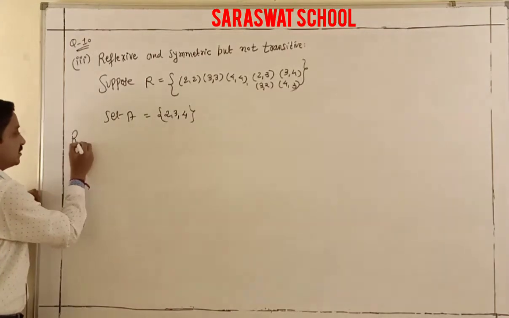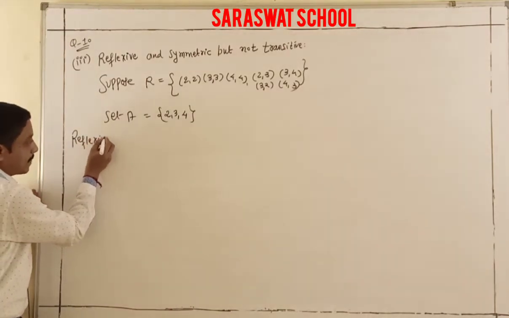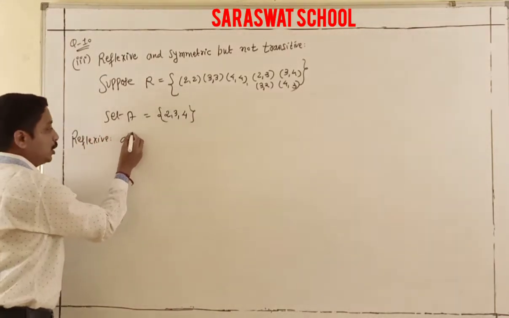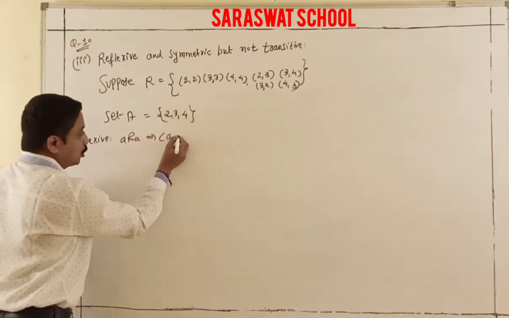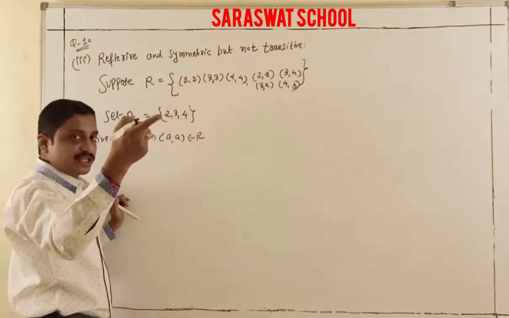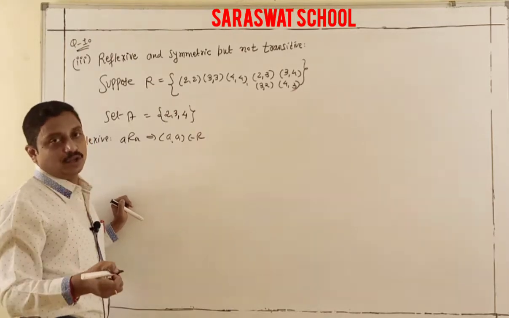Check. First of all, reflexive. What is reflexive? A relation A belongs to R. I every time write down this formula; you also write it in your notebook.